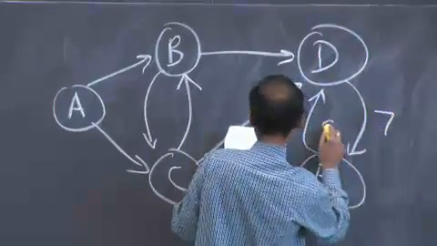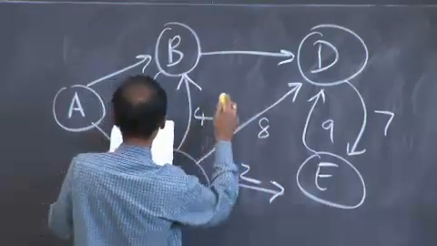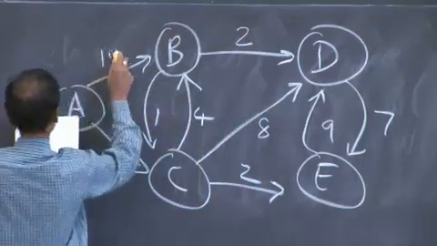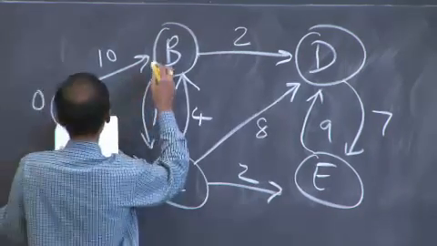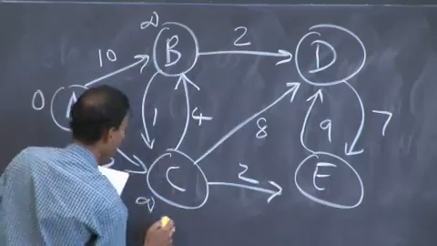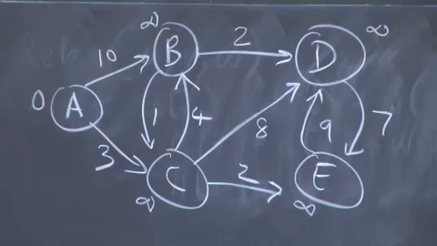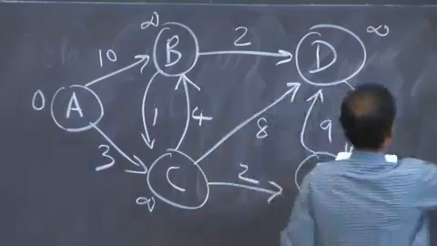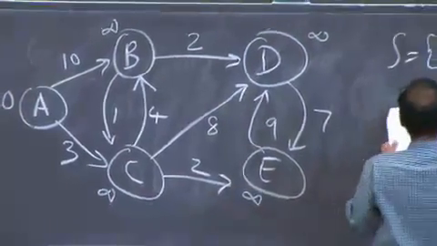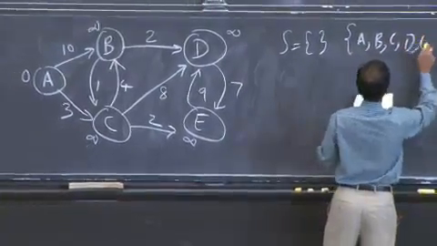You start with A being the starting vertex. So d of A is 0, and d of B through E are all infinity. S is null to begin with, and Q has all 5 vertices in it.